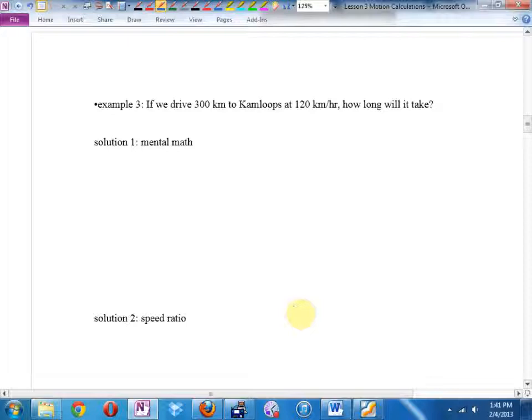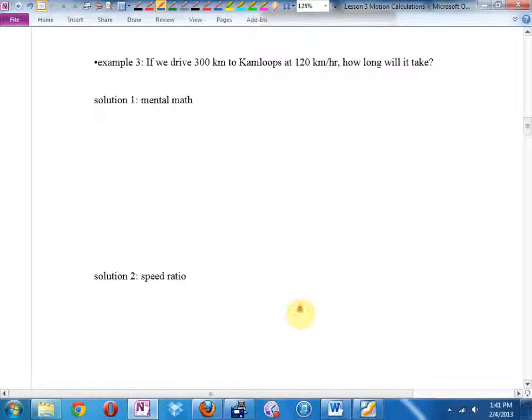Let's convince ourselves. Let's do the speed ratio. So I would say to myself, they're asking me to find time. I see that 300. What's that 300? How do you know? Okay. I see 120. What's that?